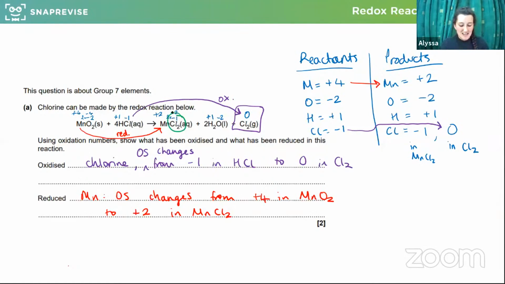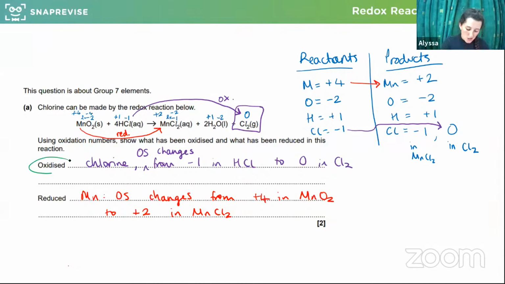Here it stays the same, so it's not a disproportionation reaction, but it is an odd reaction because two different things happen to the same element. But yeah, if the question is asking you what is being oxidized and the same element is being oxidized but to two different extents, so maybe you've got iron that's being oxidized to +2 and +3 in the same reaction, and it's asked you to say what has been oxidized, then I would mention both.